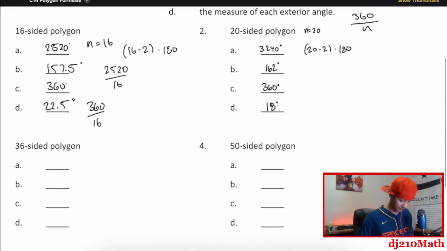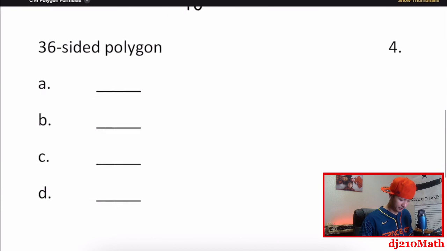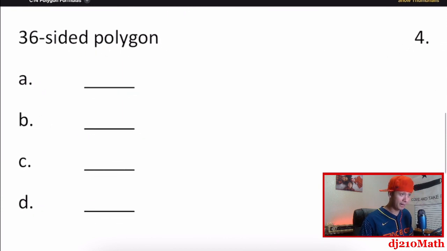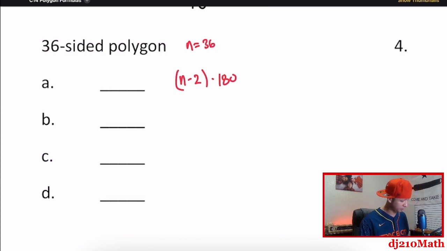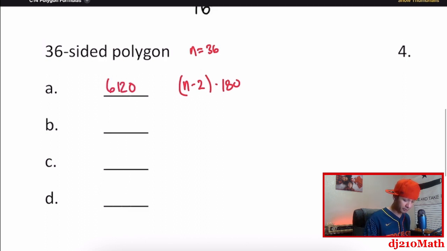Okay. Moving right along. It's going to be very repetitive. So here we have, again, let's recall what the formula says, n minus 2. That's the number of triangles that we can make in a polygon, and there's 180 degrees in a triangle. So the total interior angles, if n is equal to 36, 36 minus 2 is 34 times 180, 6,120 degrees.